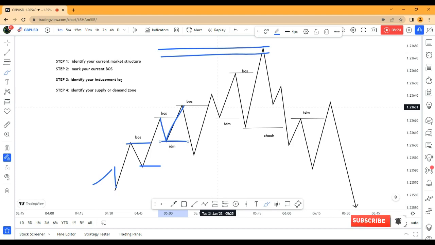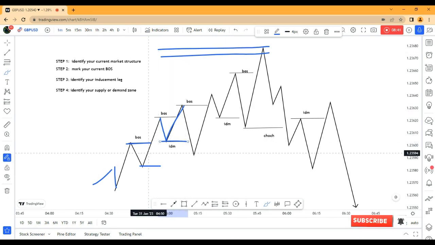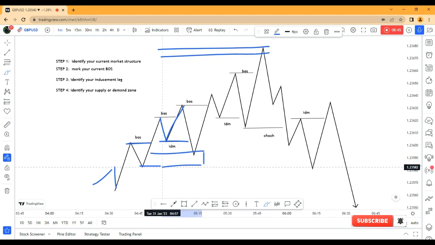If price is moving to the upside, you should be identifying your demand zones, and if price is moving to the downside, you should be identifying your supply zones. In this case, after you identify your inducement leg, you have your demand zone here. You'll find an order block at this particular place, and then you mark your demand zone.